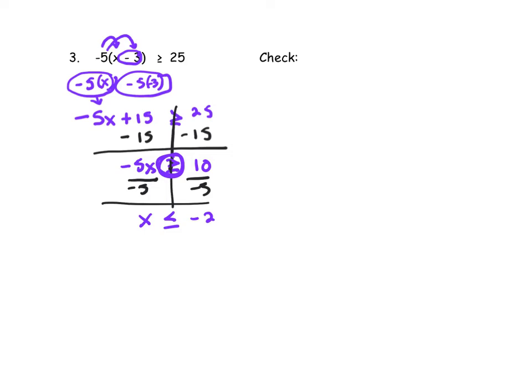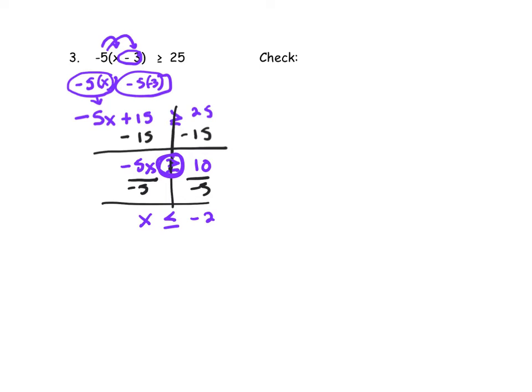So when I go to check my answer, I need a number that is less than or equal to -2. We don't want to use equal to, we want to check and make sure that the less than part of the inequality is actually working. So we're going to choose a number that's smaller than -2. I'm just going to choose -3. But I have to put it in the original inequality.